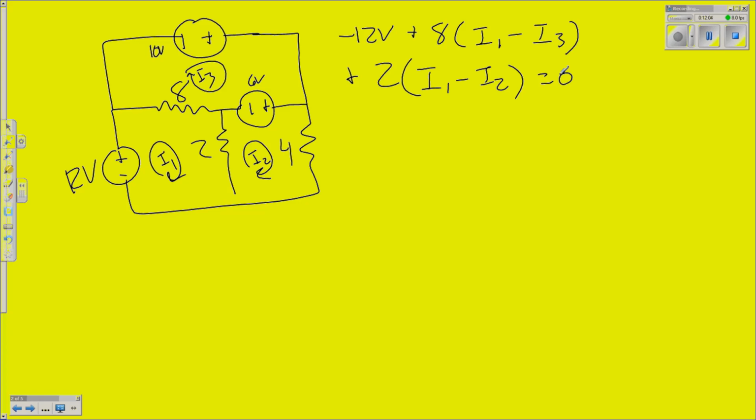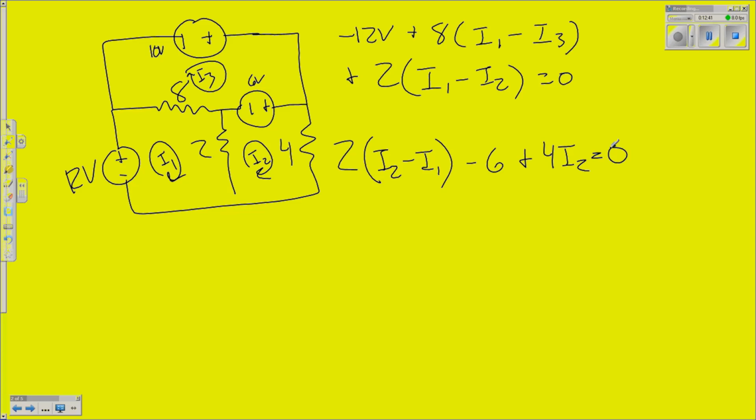For example, here. So I2 then, looking at this, will come up through the 2 ohm resistor. So 2 times I2 minus I1. Then we come to this voltage source. Well, that's easy, right? In this analysis, all we have to do is look at the polarity on that voltage source and subtract it. Then finally, we have the last in our 4 ohm resistor.